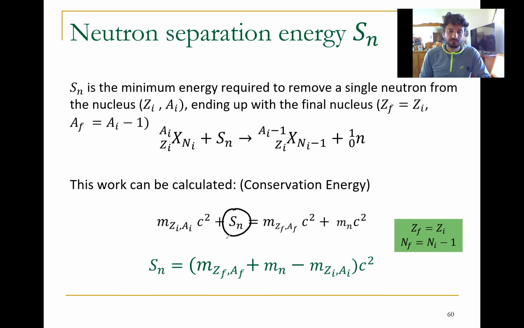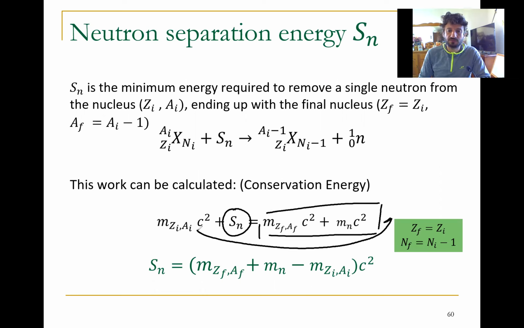m of Zi Ai. Anyway, we can put this one minus this one. We get finally m of Zf Af plus mn minus m of Z initial A initial, and we put c square as a common factor.